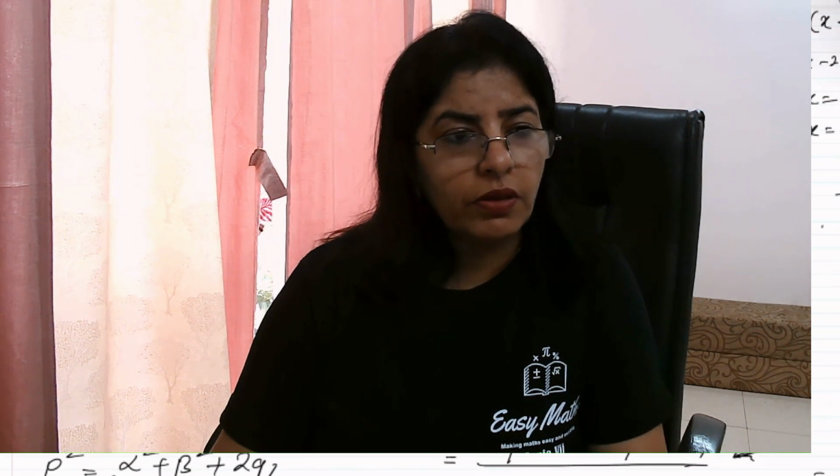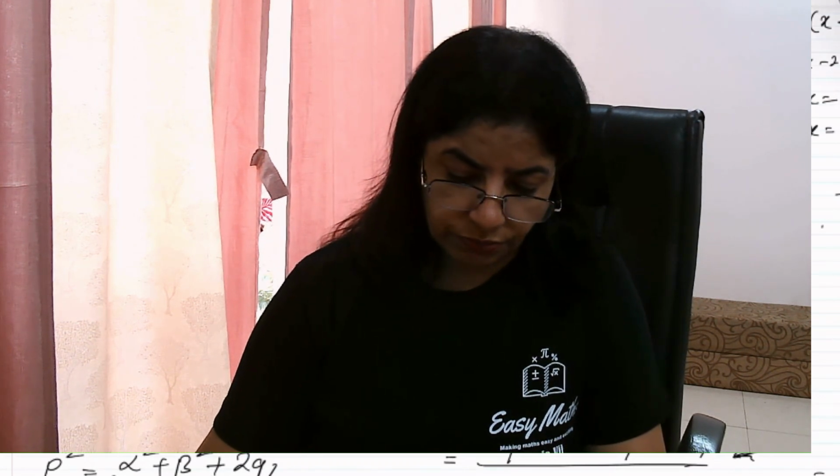This is your required answer. So what have we done? We first found out what we have to find out. We changed it into the form of alpha and beta, and then we solved for the value of alpha square plus beta square and replaced these values here and got our answer.